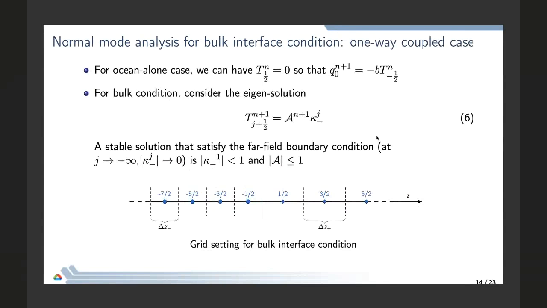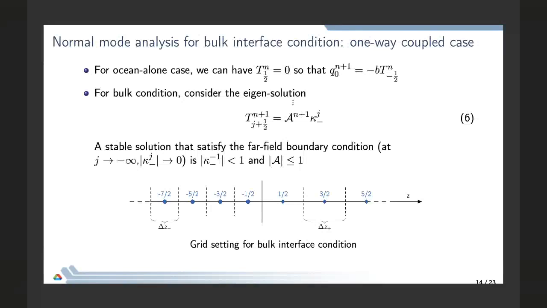First of all, we start from a one-way coupled case. For example, if we consider the ocean alone model, we can assume that the temperature at the bottom of the atmosphere is a constant. It doesn't have to be zero, but for simplicity, we assume it's zero. Then the interfacial flux can be easily calculated. For bulk condition, again, we will consider an eigen solution, which depends on both time and space.